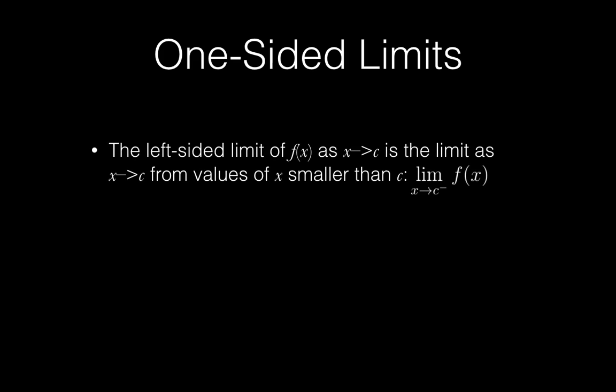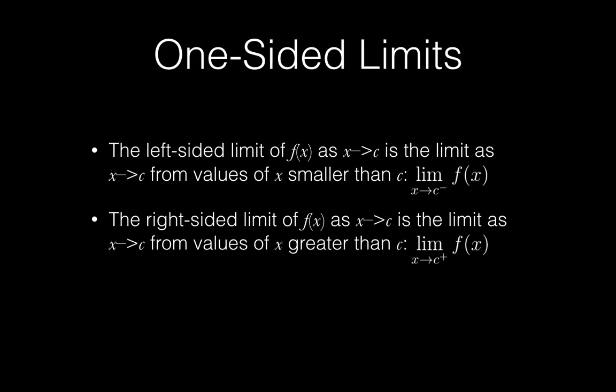One-sided limits. The left-sided limit of f of x as x approaches c is the limit as x approaches c from values of x that are smaller than c. This is denoted by putting a superscript of a negative sign on the right side of the limit.